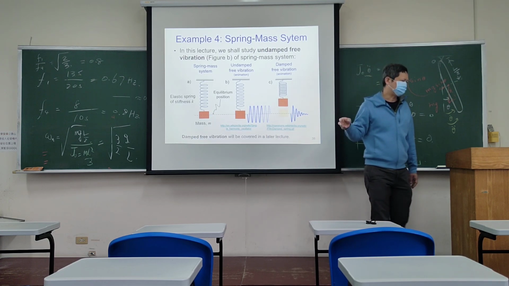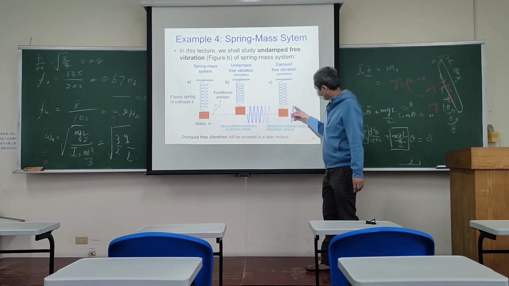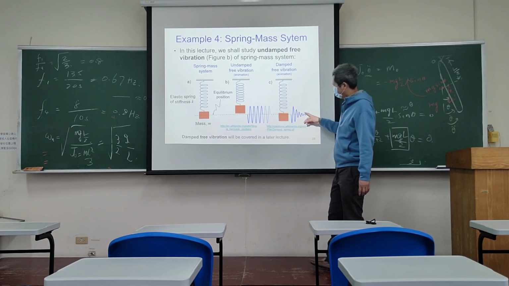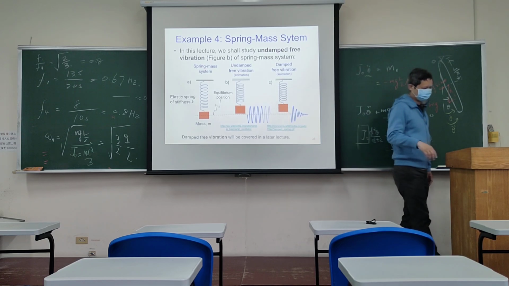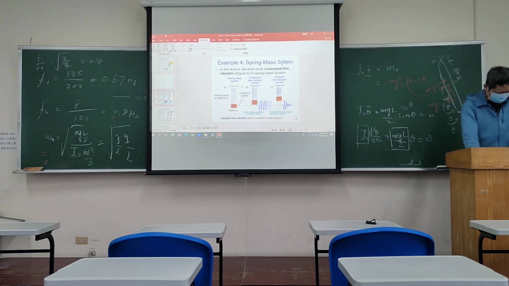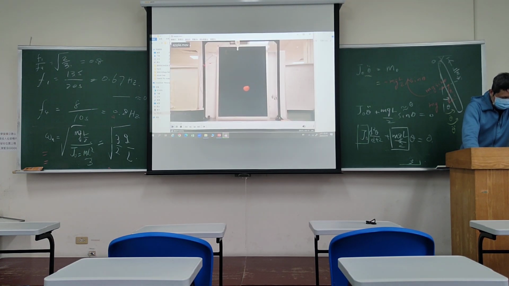But you're never going to have this motion because of the presence of damping. In the presence of damping, the amplitude will decay, but you can still see the oscillation. So what this experiment is, let's have a look at this apple balloon.